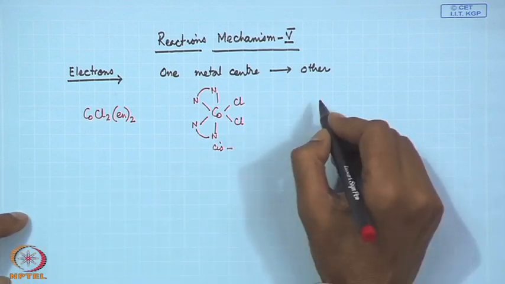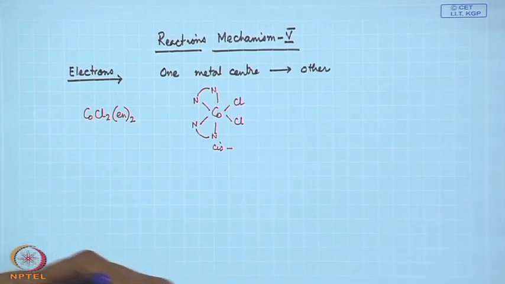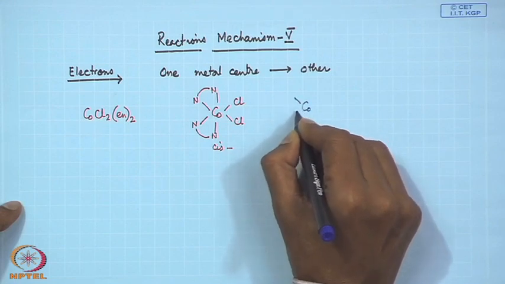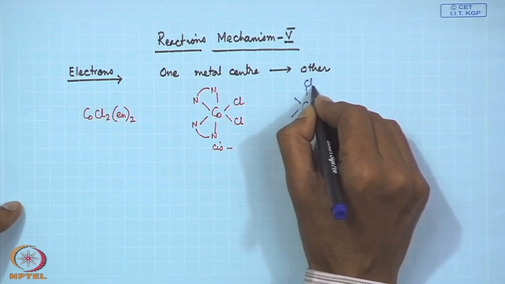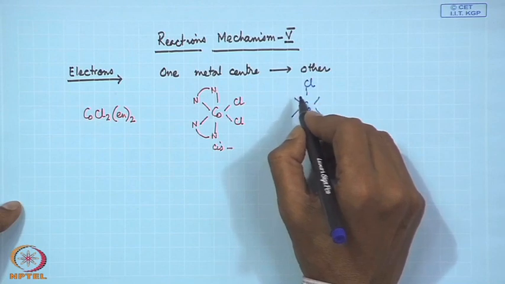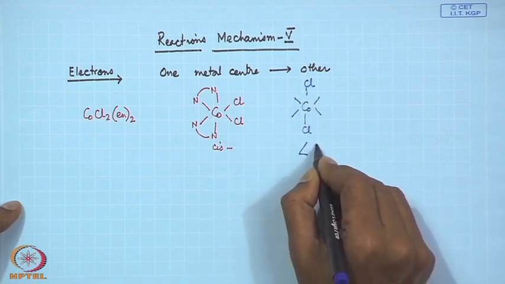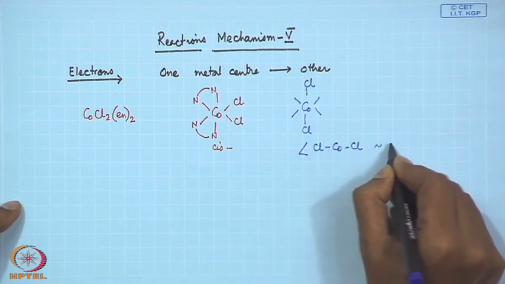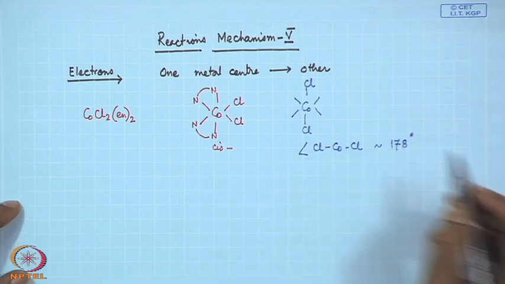This also gives us the corresponding trans geometry, where the chlorine atoms bind in a trans fashion. That means we have a Cl, Co, Cl angle in the range of, say, 178 degrees to 180 degrees.